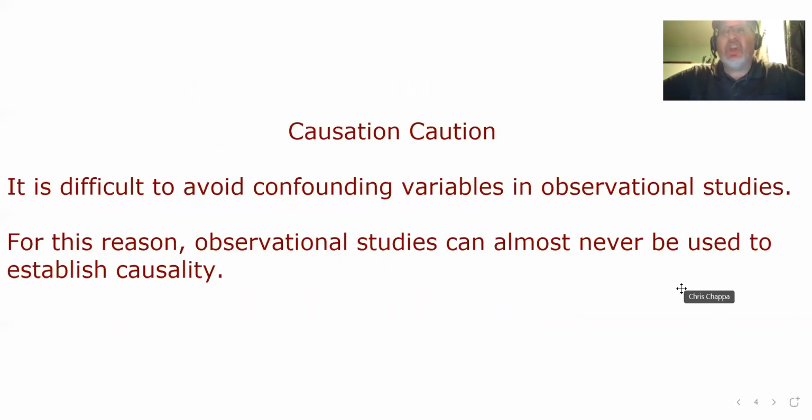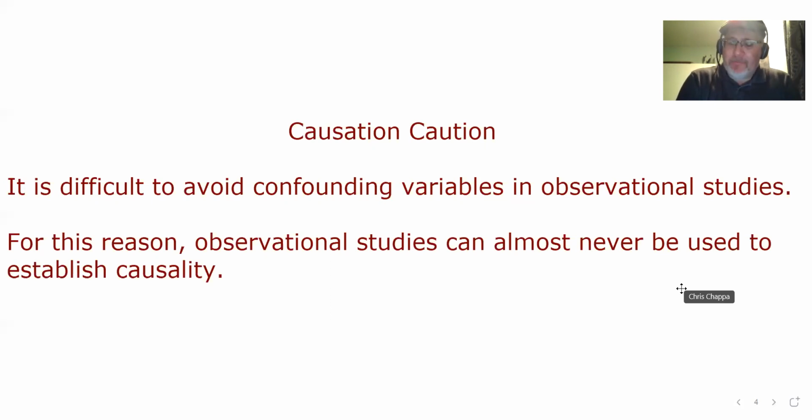there's a causation caution. It is difficult to avoid confounding variables in observational studies because you're not controlling anything. So there may be a third variable associated with the variables that you're studying. For this reason, observational studies can almost never be used to establish causality.